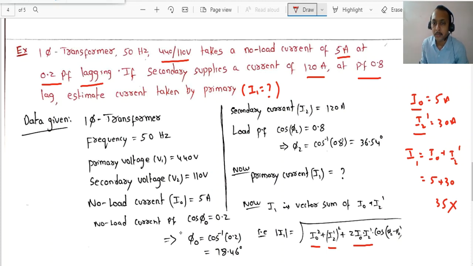It's a vector sum. If you add 30 plus 5 and tell the answer as 35, it is wrong. We will see in this problem that the vector sum will give you a value less than 35. You won't get exactly 35.